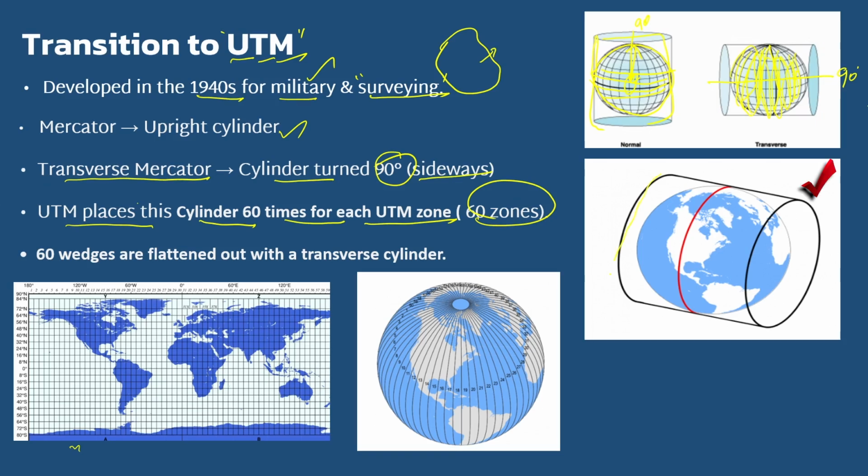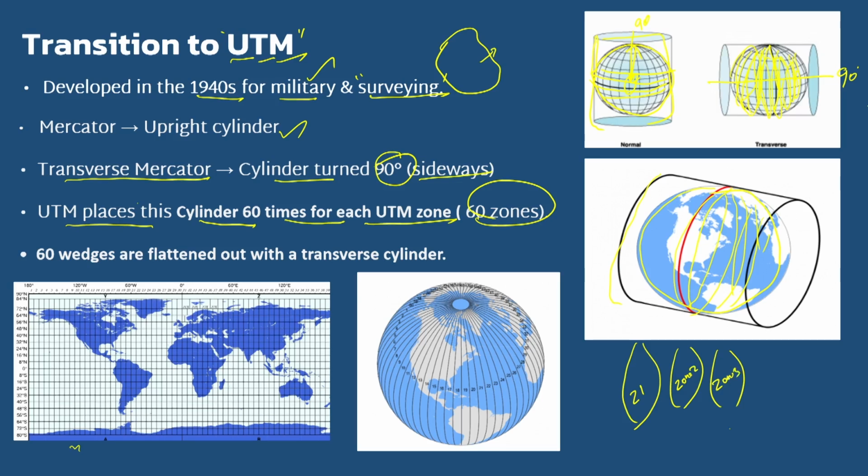Look at this picture. 60 times we have to rotate and project. Like that it will come as zone 1, zone 2, zone 3, and so on. This picture will give a clear idea.